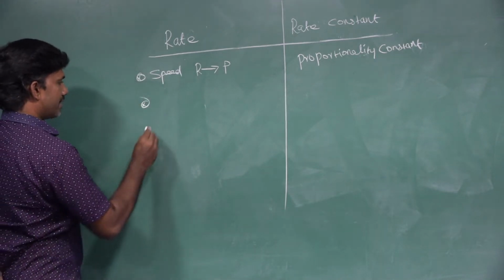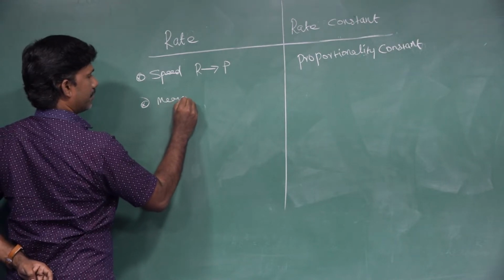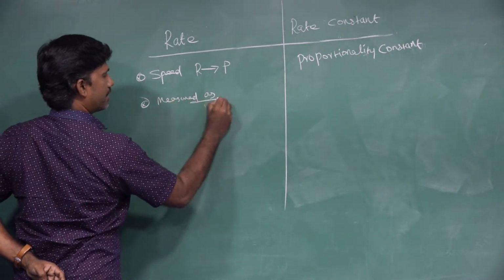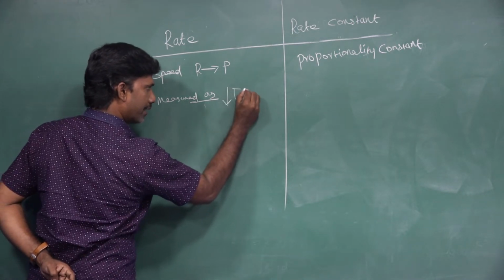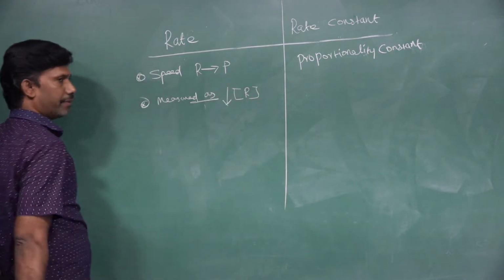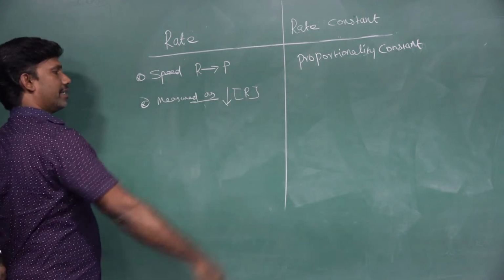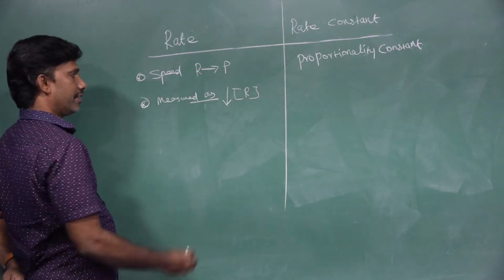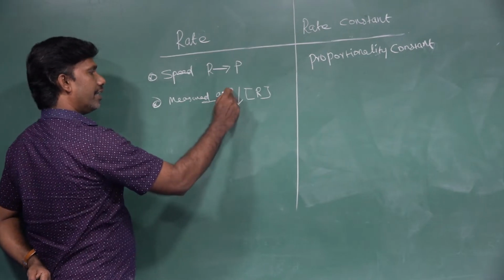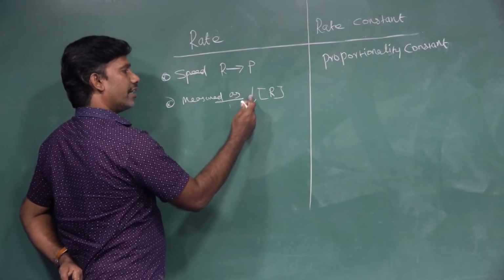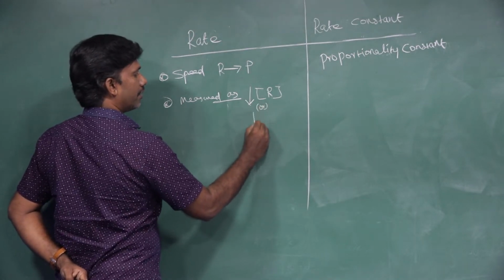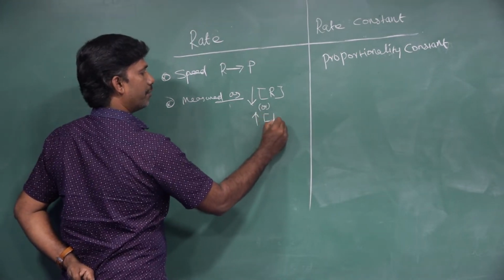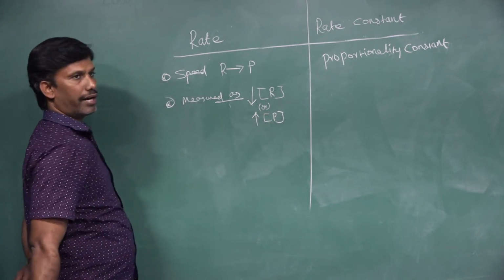Second point, it is measured as the decrease in the concentration of reactant. The concentration we can say is within the bracket. If anything within the bracket is given, that is considered a concentration. R means reactant. That is measured as the decrease in the concentration of reactant, or otherwise the increase in the concentration of P. What do you mean by P here? Product.